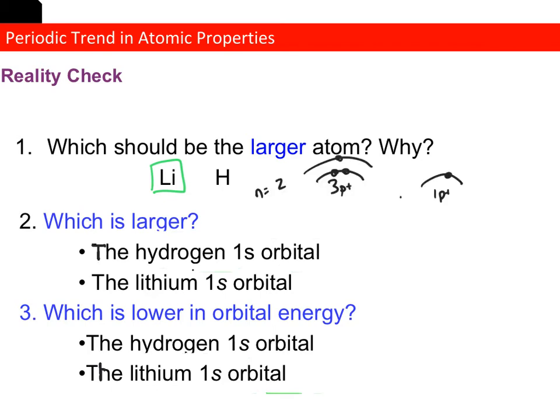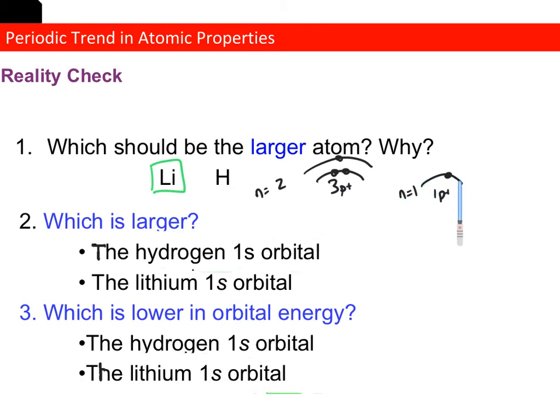If I sketch out the electrons of lithium and hydrogen, as you can see, lithium has 3 electrons, and its valence electron is on the second energy level. And so it's being shielded from the nucleus by the 2 electrons on the first energy level. Compare that to hydrogen, which has 1 proton and 1 electron.